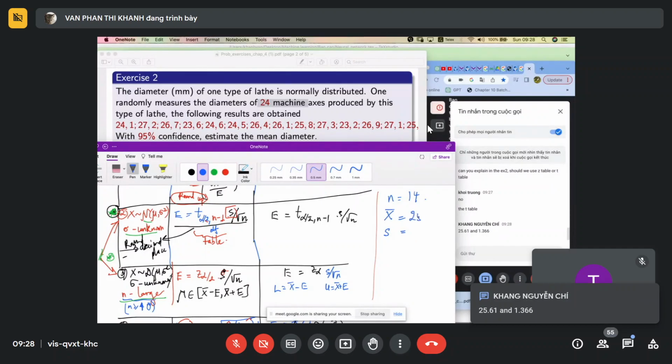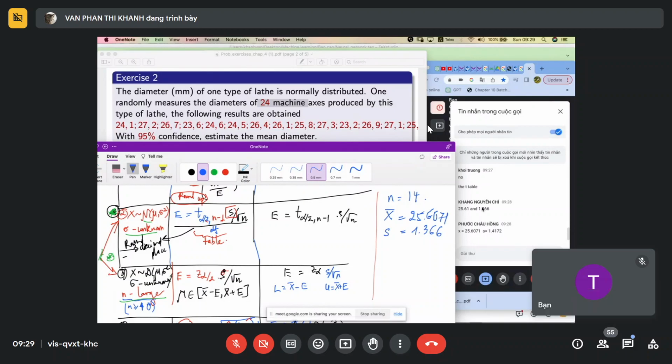Okay, 25.61. No, please round your answer to 4 decimal places. Hang, 25.60. Okay, 6071. So why do you have different numbers here?